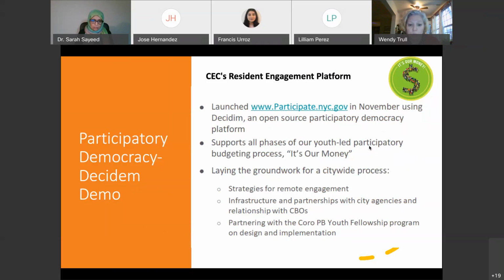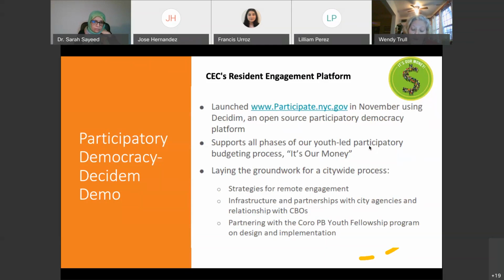And just sharing a few goals of the project, in addition to allowing us to engage young people in this environment, we're also building infrastructure and laying the groundwork for other CEC initiatives, including a citywide PB process. We've been deploying and assessing strategies for remote engagement. We've been developing great relationships with city agencies and building up our relationships and networks with community-based organizations. As of today, we've had 74 community groups and organizations sign up to participate.